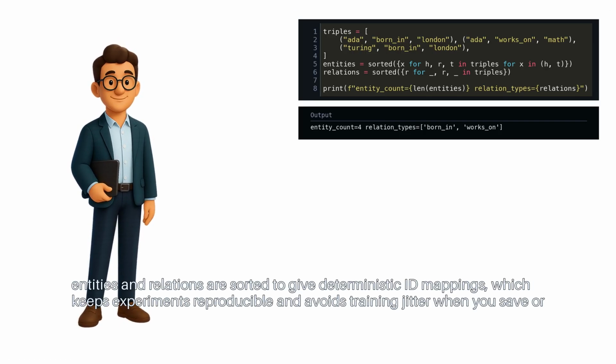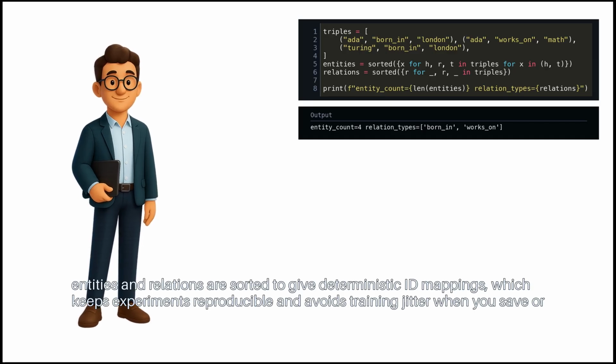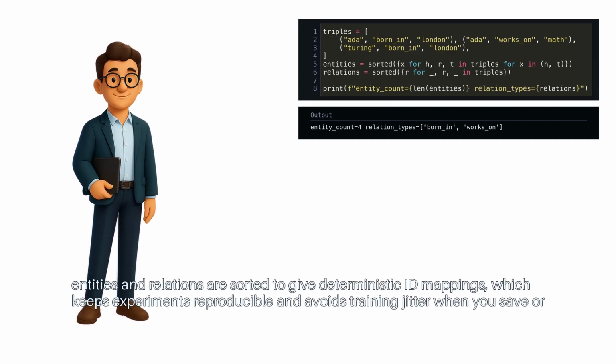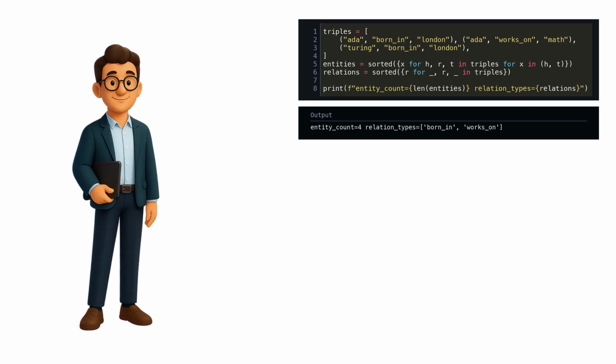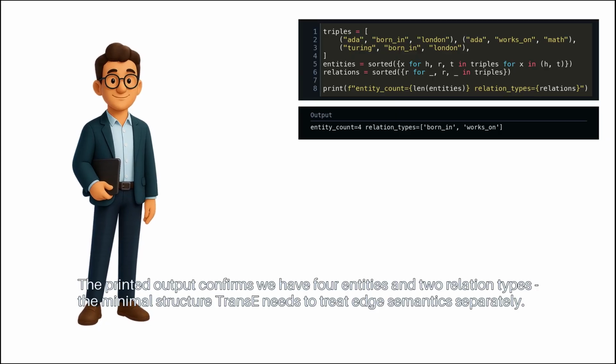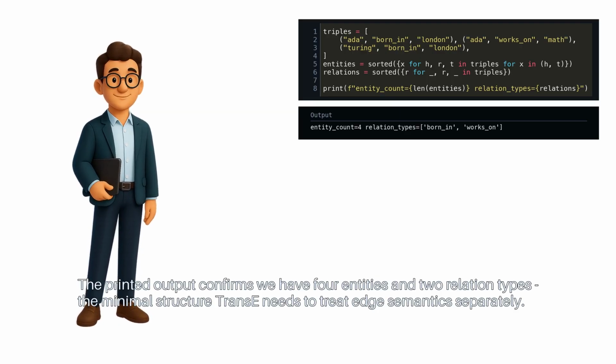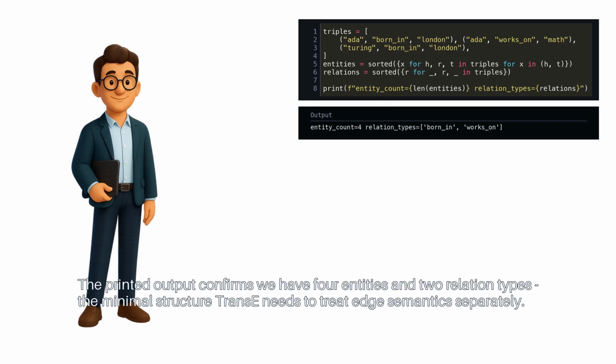Entities and relations are sorted to give deterministic ID mappings, which keeps experiments reproducible and avoids training jitter when you save or reload embeddings. The printed output confirms we have 4 entities and 2 relation types, the minimal structure TransE needs to treat edge semantics separately.